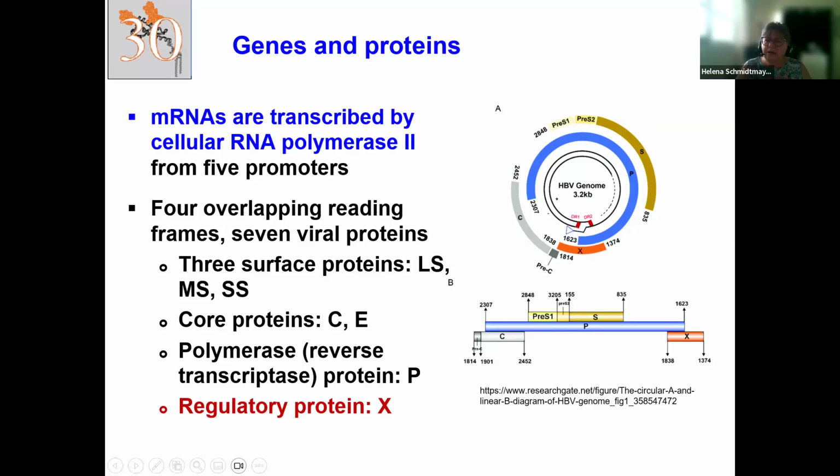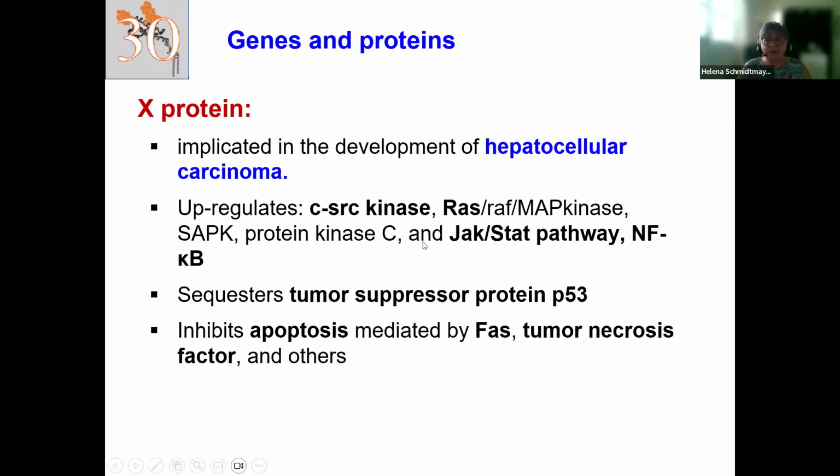X protein is very interesting, because it can interfere with many cellular pathways and triggers formation of hepatocellular carcinoma. Yes, X protein is implicated in the development of hepatocellular carcinoma.